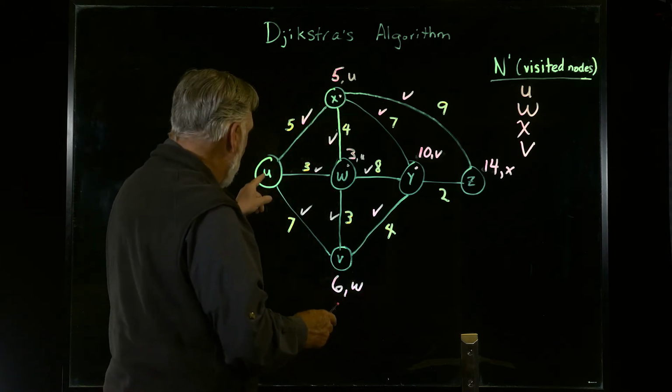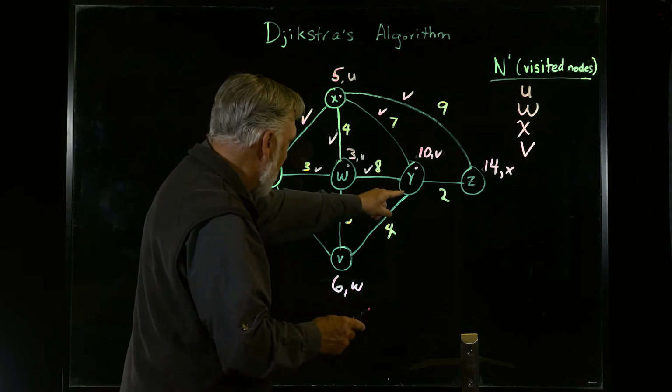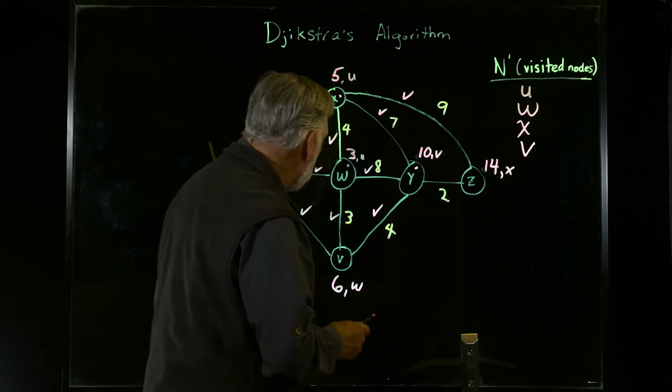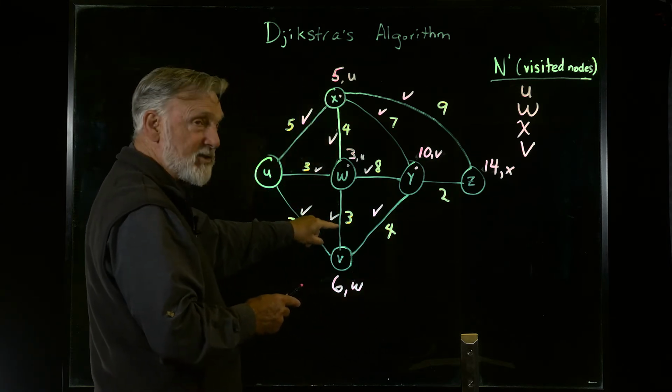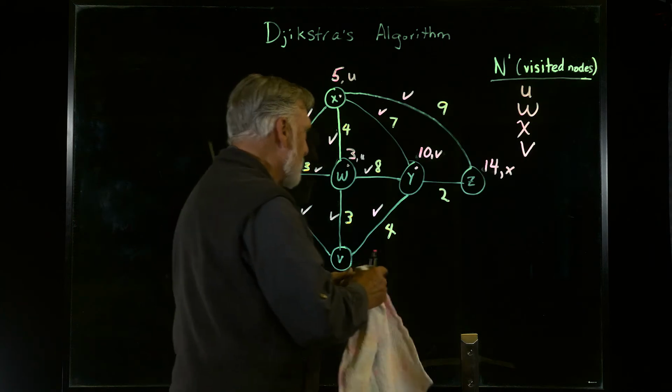But if we went from U to W to V to Y to Z, the total is 3 plus 3 plus 4 plus 2, which is 12.